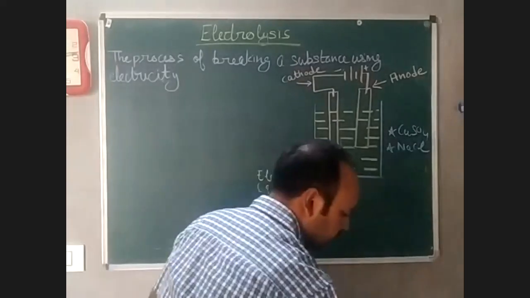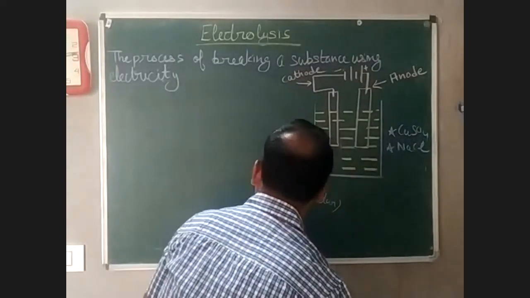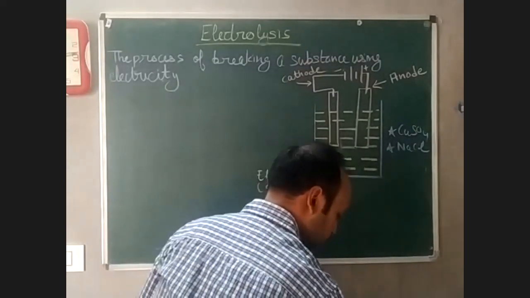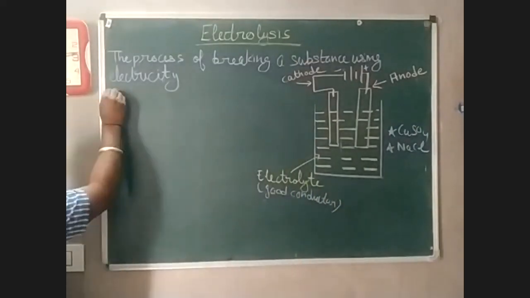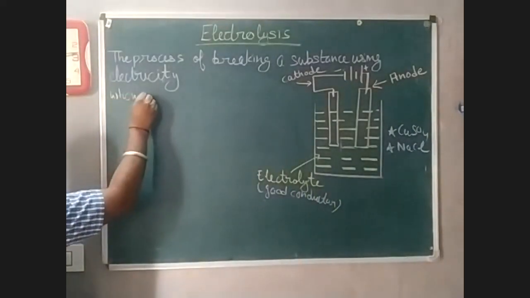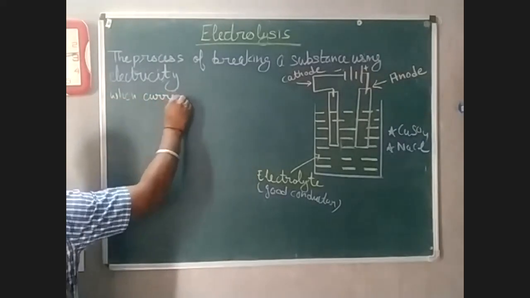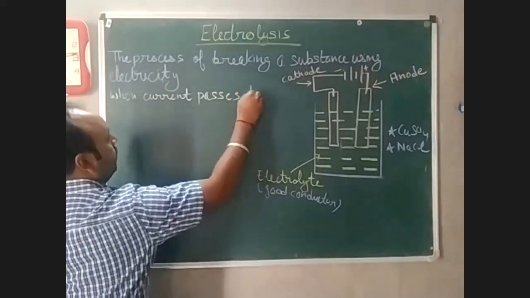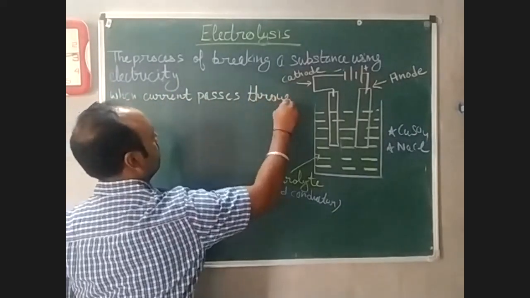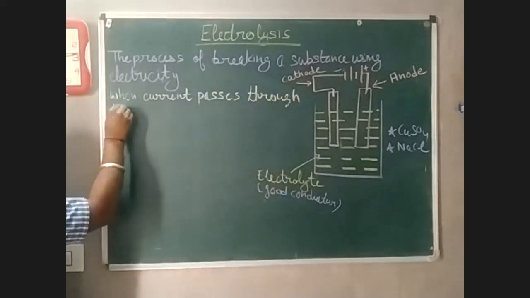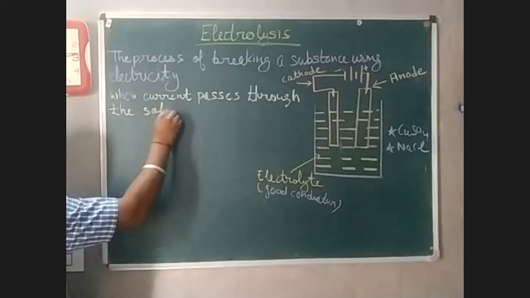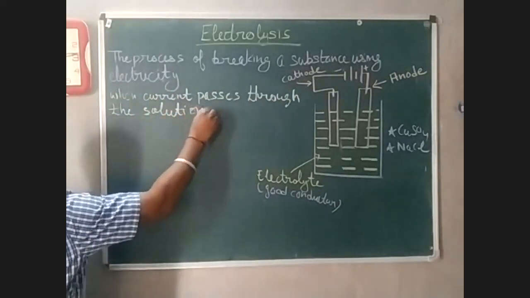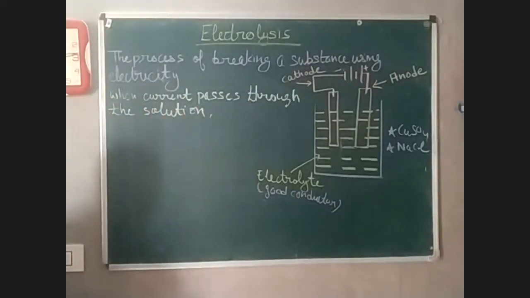When current passes through the solution, then what happens? Suppose we are using copper sulfate solution.